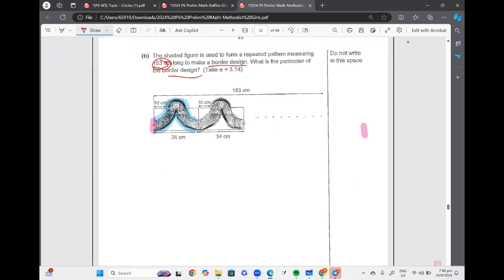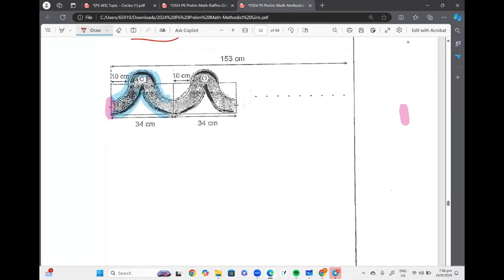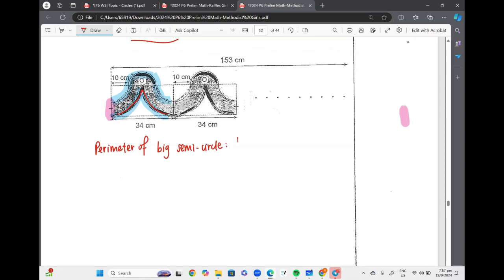And so first of all, I need to find what is the parameter of each figure first. How do I find the parameter of each figure? Technically, I can just combine these two, which is a semicircle. So I'll find the parameter of the big semicircle, which is technically half times pi 3.14 times diameter.